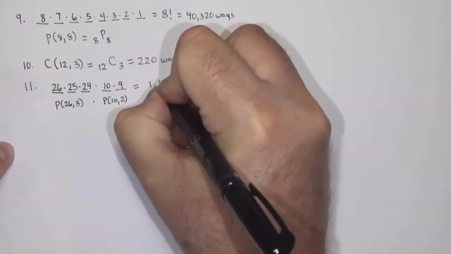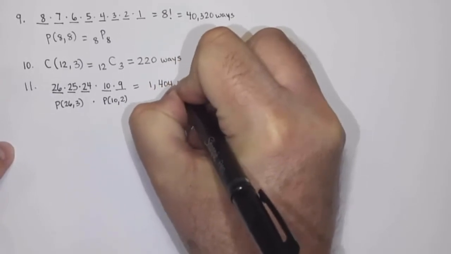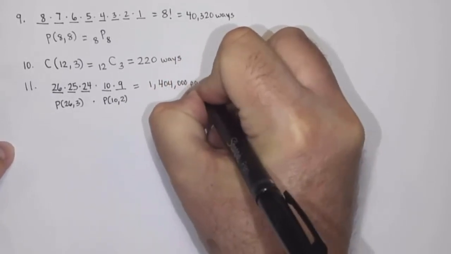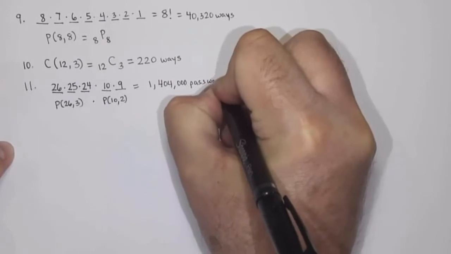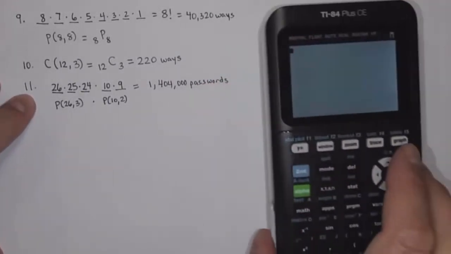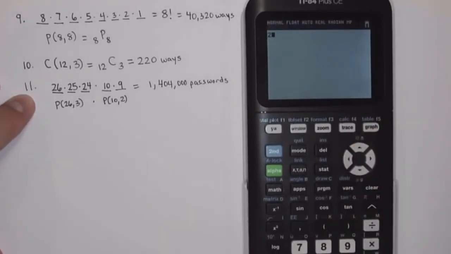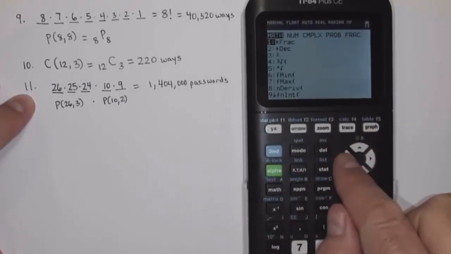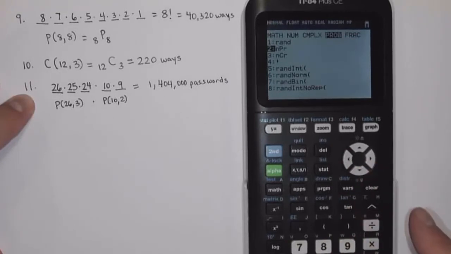So 1,404,000 different passwords are possible. Now, just for the sake of it, just to show you, if I take 26 permutation choose 3, that is 15,600.